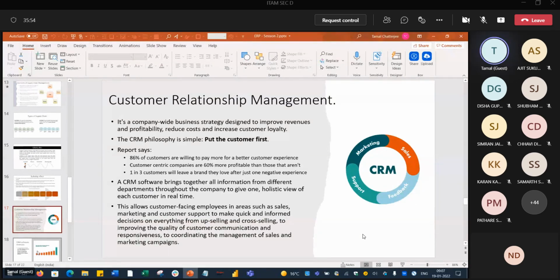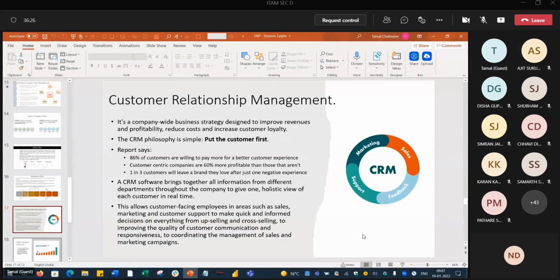Customer-centric companies actually have 60% more profit. And 1 in 3 customers will leave a brand they love after just one negative experience. A customer is loyal only until that time. When the customer is happy, even a single negative incident will take this customer away. So CRM is a must actually.